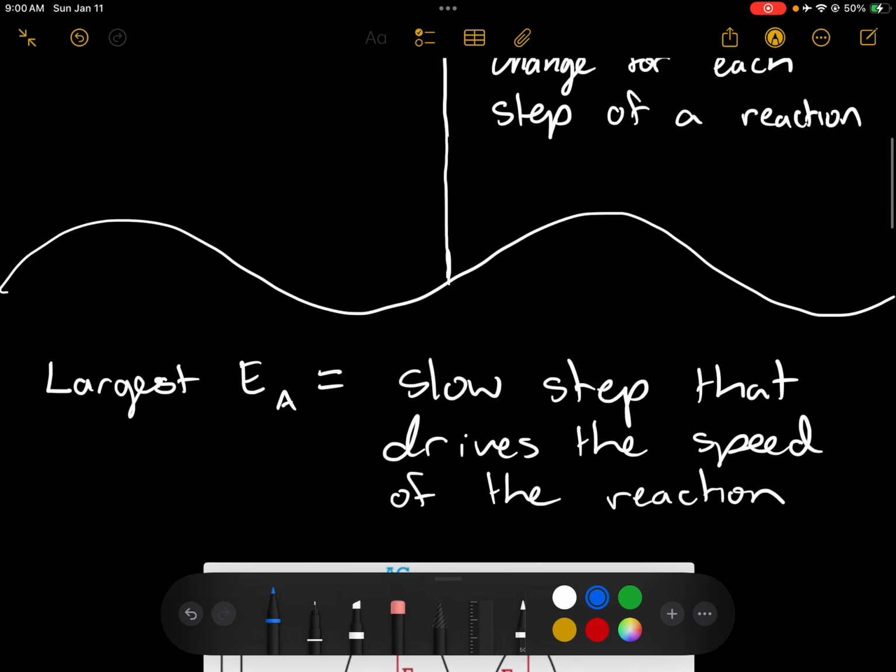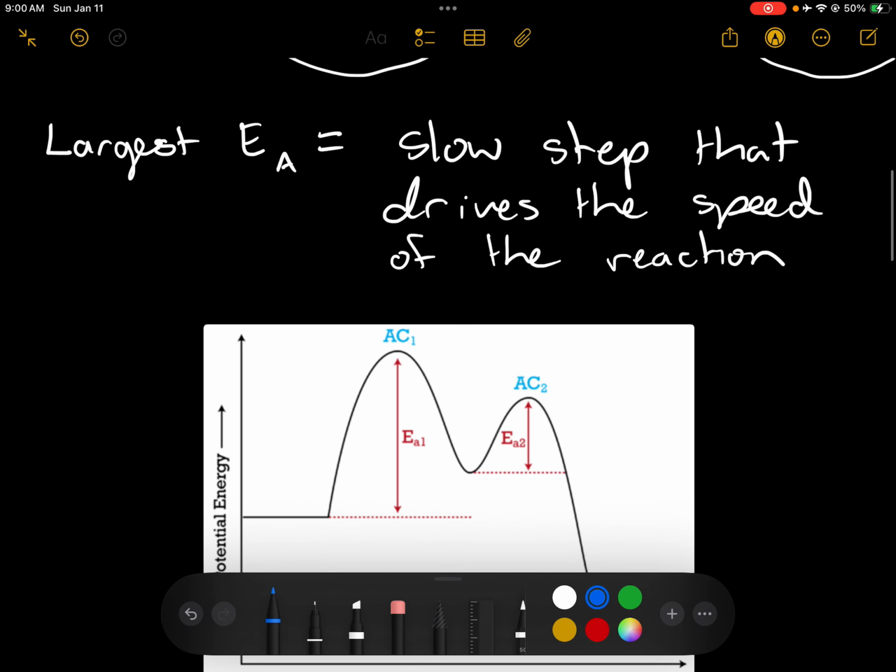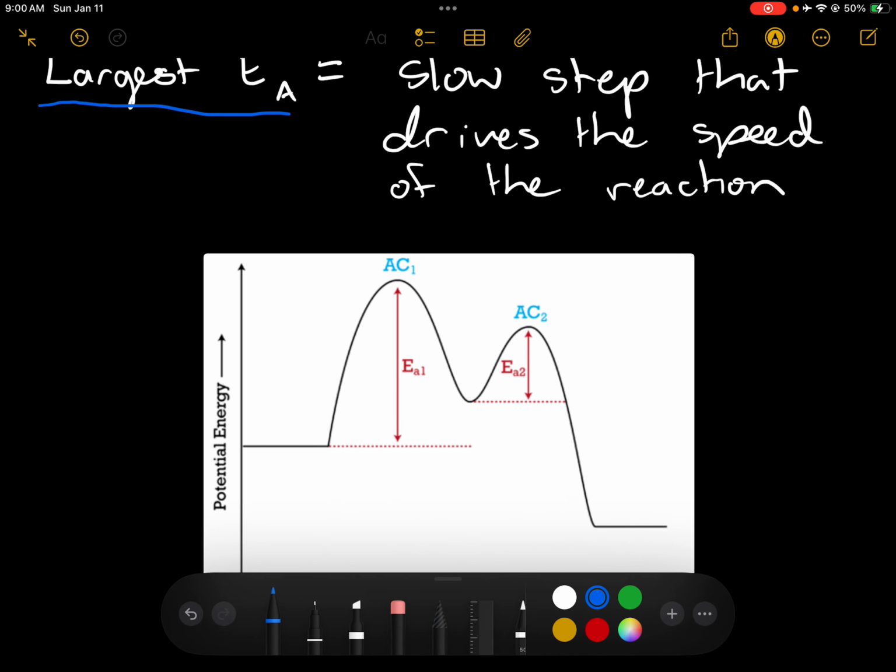All right. One specific thing that I want to talk about is the step with the largest activation energy. So once again, looking at this graph, that's pretty easy to identify. We see that that distance is longer than this one is, meaning that step one has the largest activation energy value. What that tells you is that in a mechanism series, that first step is going to be what we call the slow step.